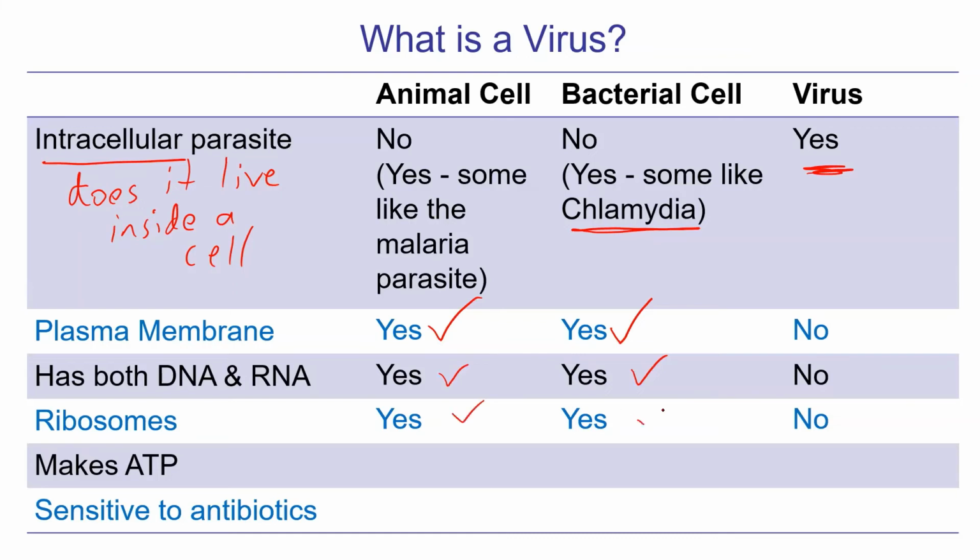Ribosomes, that's a yes, yes, no as well. Viruses do not have ribosomes. They do not make their own proteins. They cannot do that. Making ATP, again, yes, yes, no. Animal cells and bacterial cells, they consume food and make energy, and viruses do not. Last one, sensitive to antibiotics. Okay, that one's different.